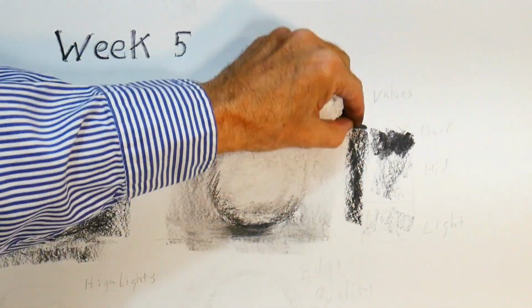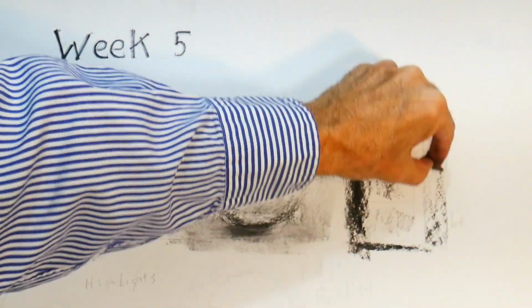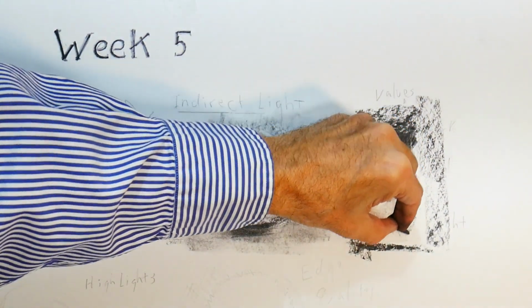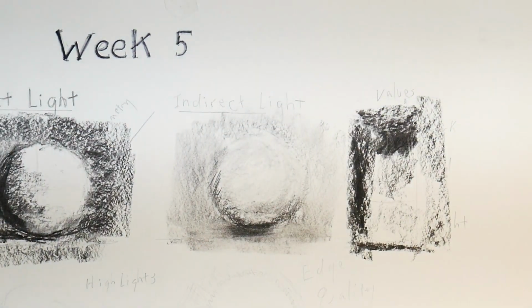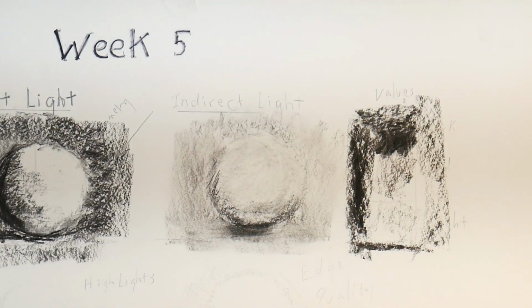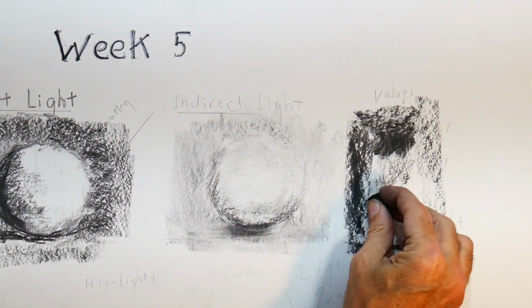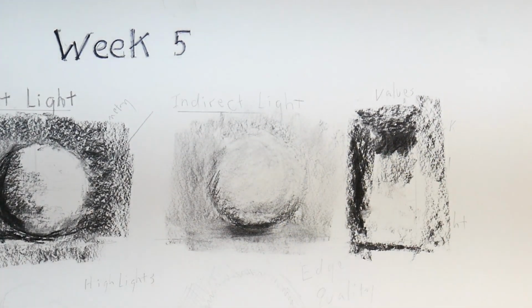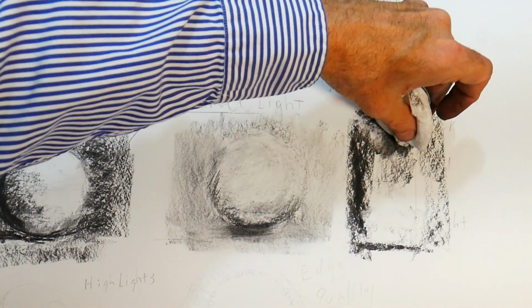And then there's usually some kind of a background that these super darks, mid-tones, and lights exist within. So try to do all that. And then use an eraser to get in the lights. You can use a rag to kind of make transitions.